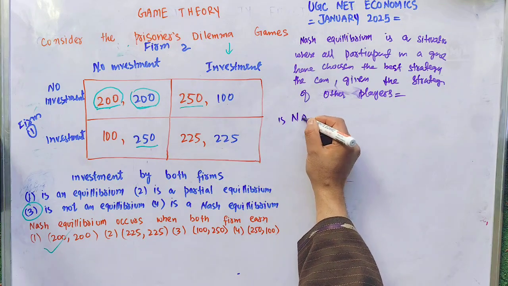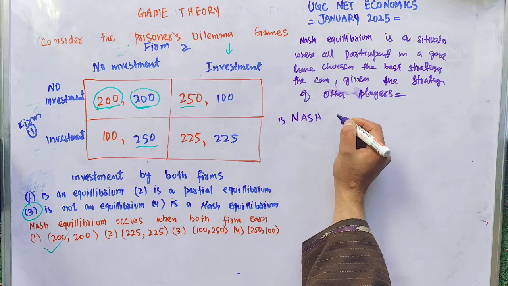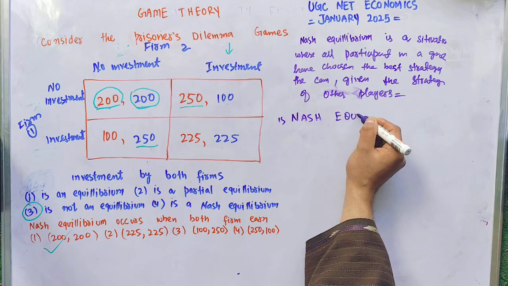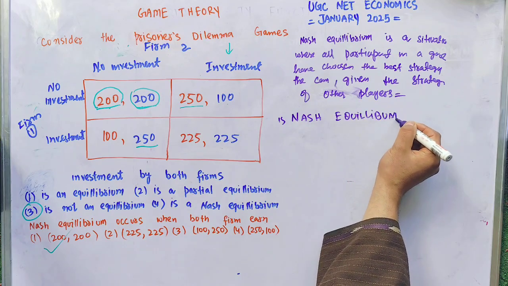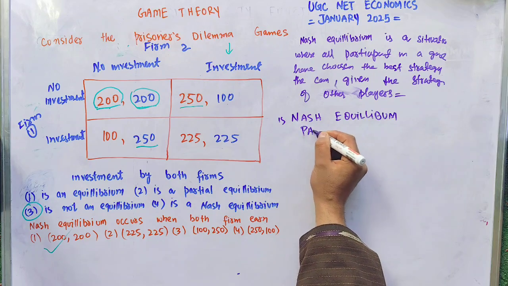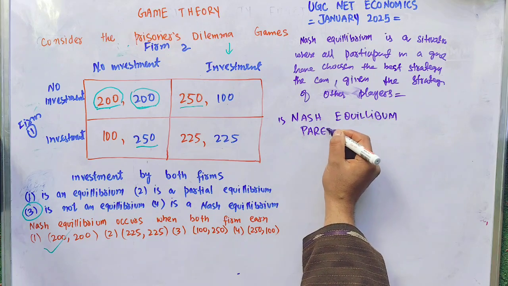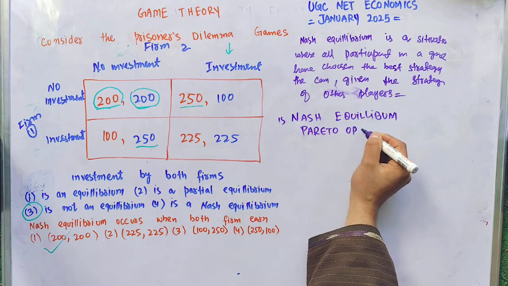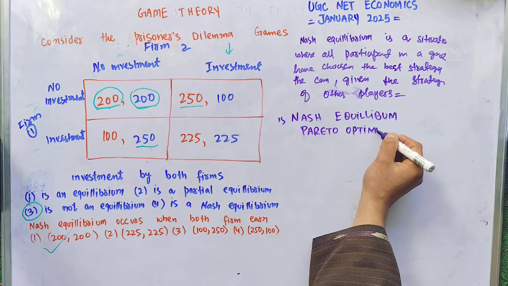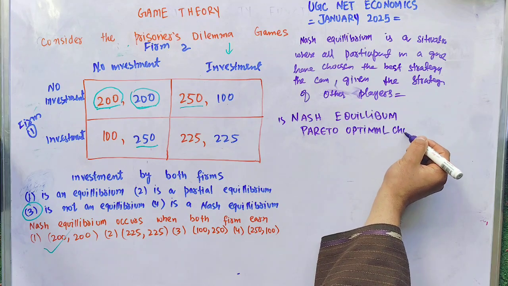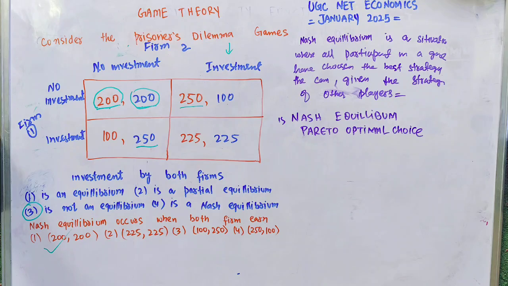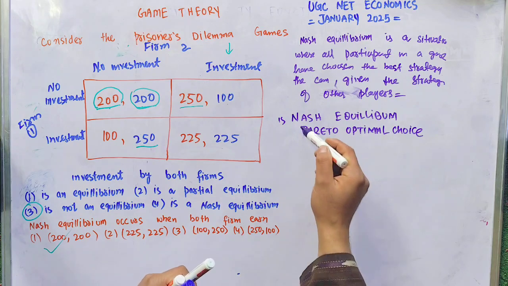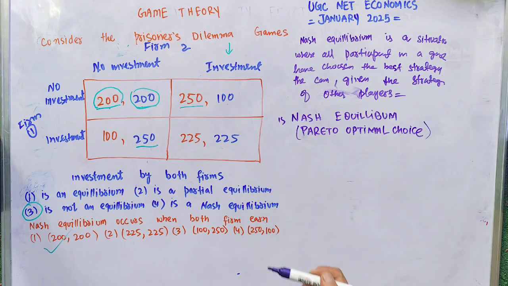Is the Nash equilibrium a Pareto optimal choice? Now if we concentrate on the payoff matrix, by Pareto optimal what do we mean?